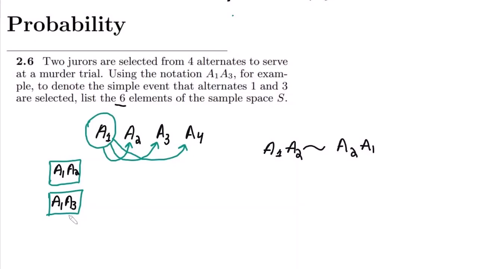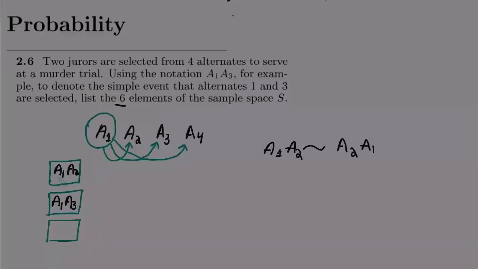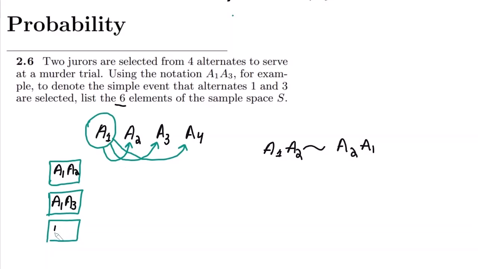A1, A4. Okay, so it is already given that what I am getting here, A1, A3, A1, A2, and now A1, A4, and it means that A4 A1, A3 A1, A2 A1, these are all equivalent. Okay, so this is the first combination, and here we have got them.